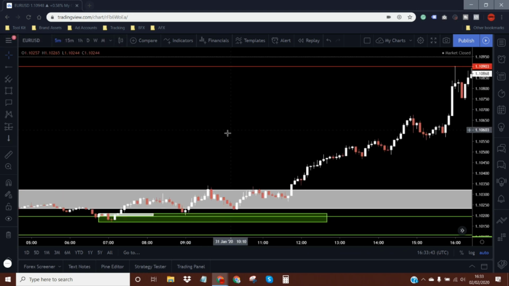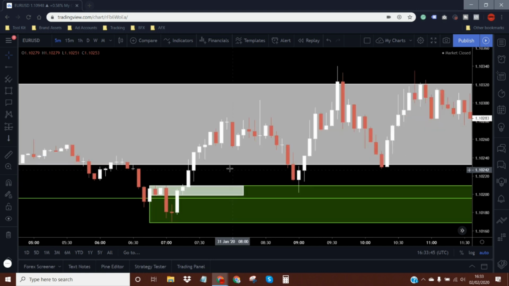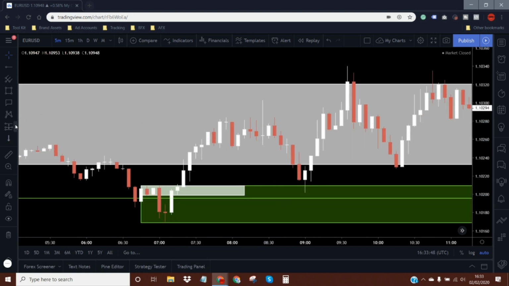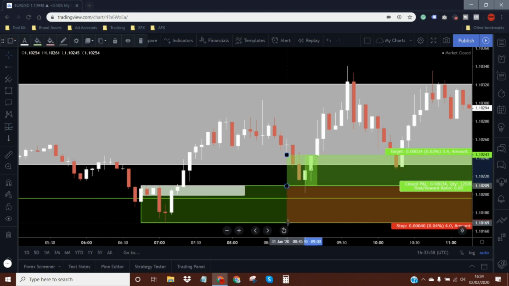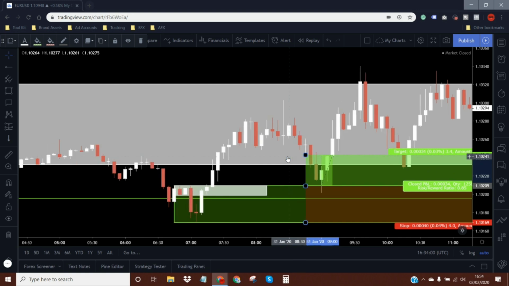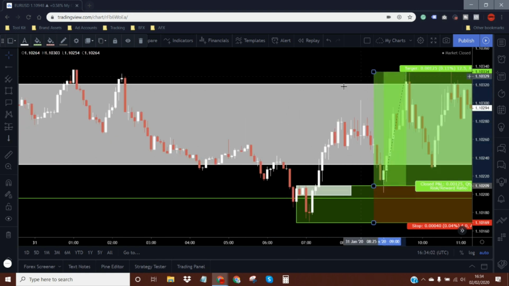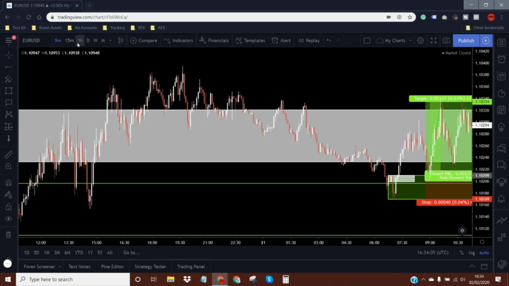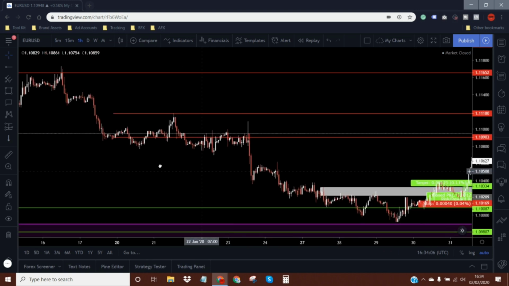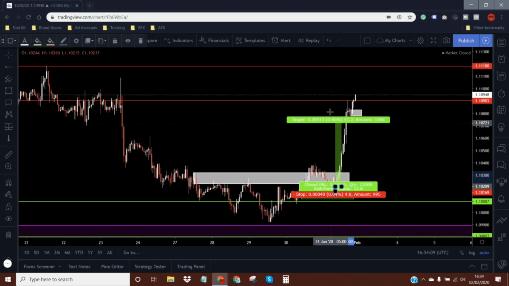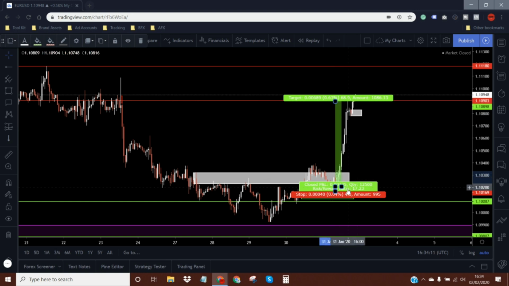So once that got broken, I then put my limit orders in at this level here, which was a risk of, let's just say, 4 pips. And the market has currently moved up 68 pips.